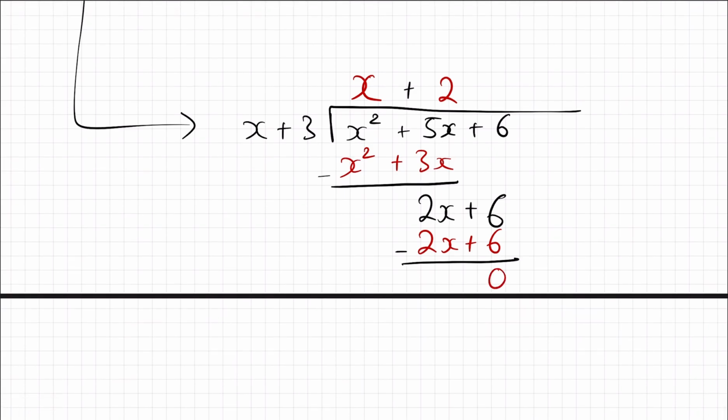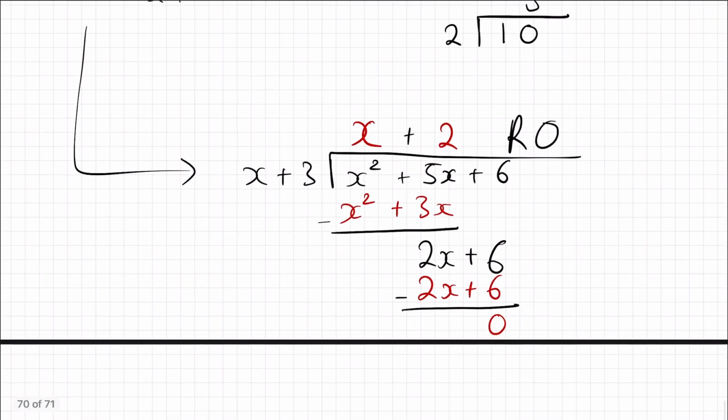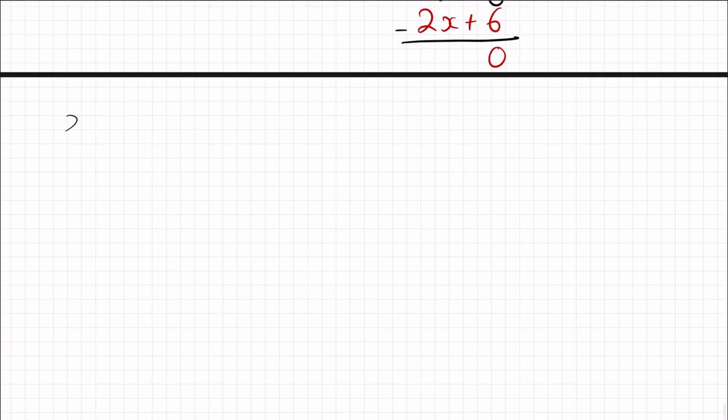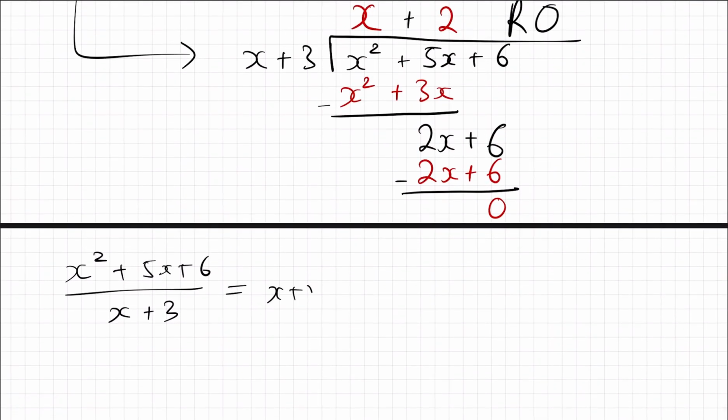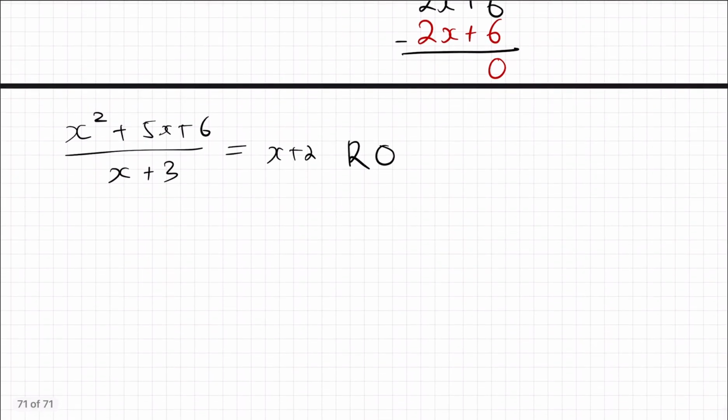And if you know how this works in long division, you'll know that this final number is just a remainder. So we can actually just write this as a remainder of 0. And what this tells you is, go back to the original question, x squared plus 5x plus 6 over x plus 3. And that tells you that this is equal to x plus 2 with remainder 0, which means it's a perfect divisor.